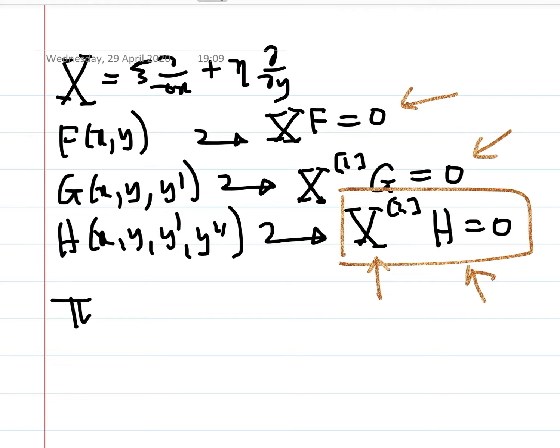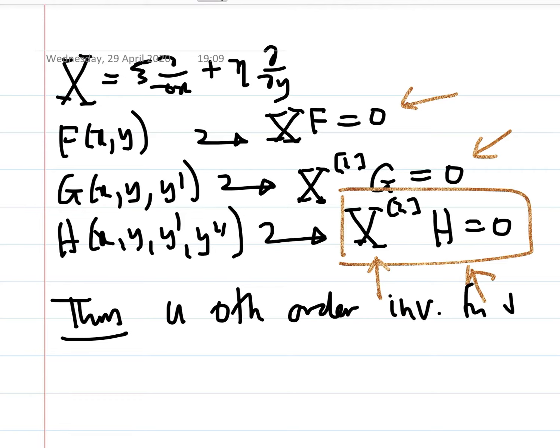But there's an important theorem that says that if we know a zeroth order invariant function under X, suppose that function is u, so suppose u is a zeroth order invariant function, and suppose v is a first order invariant function under X, i.e. X on u is equal to 0 and X1 on v is equal to 0. U is a zeroth order, v is the first order.